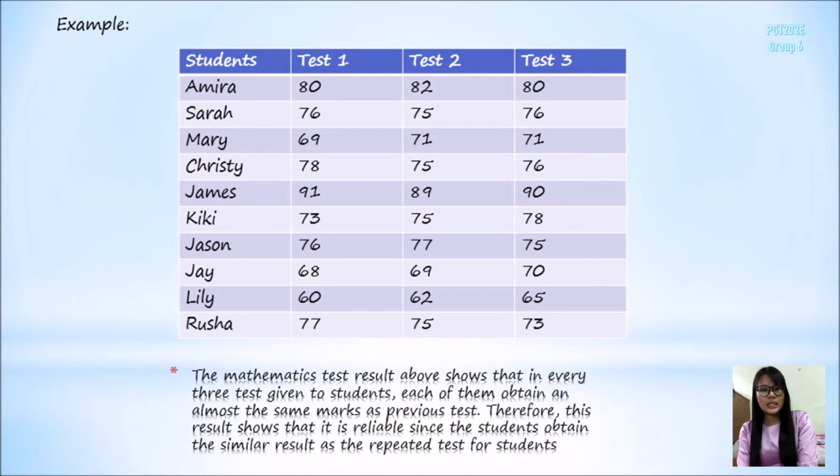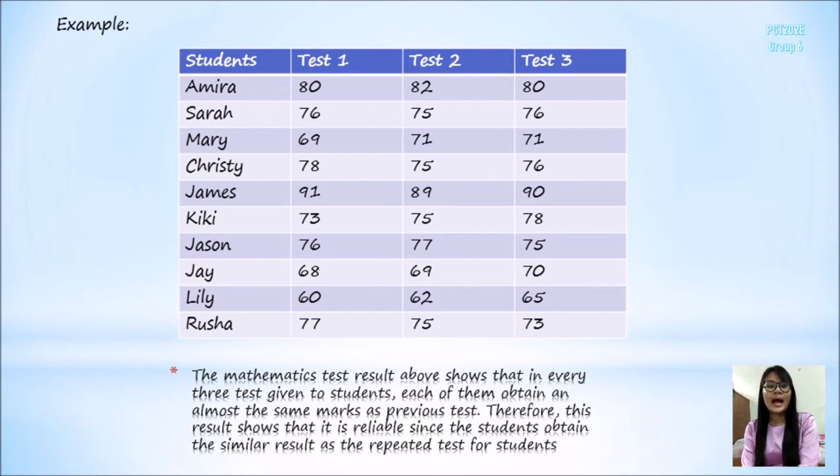This is a mathematics test by 10 students. The mathematics test result above shows that in every one of the 3 tests given to the students, each of them obtained almost the same marks as the previous test. Therefore, this result shows that it is reliable since the students obtained similar results in the repeated test.